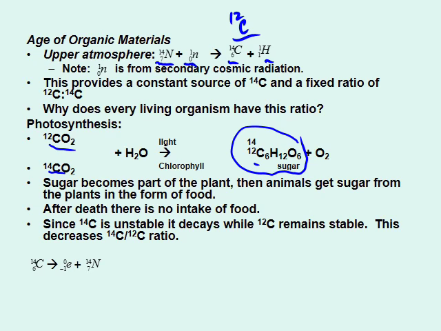Since carbon 14 is unstable and it decays, while carbon 12 is stable, this ratio, carbon 14 by carbon 12, keeps on changing after the death of an organism. Now why does carbon 14 decrease? Because of the reaction given at the bottom. It gives off a beta particle, and that changes carbon 14 to nitrogen 14.